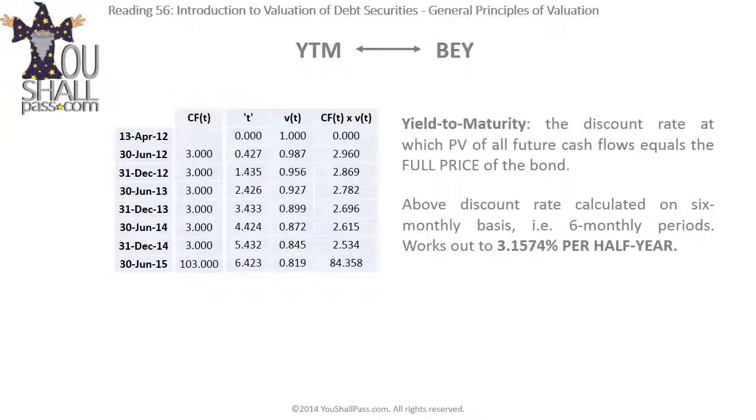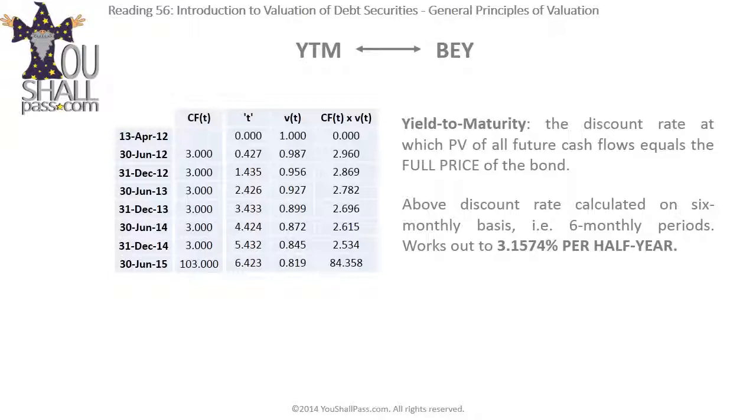The idea is that you calculate the YTMs on a 6 monthly basis and then simply double them for annualization. To clarify further, you do your present value calculations on a 6 monthly basis. The interest rate that you use is a 6 monthly interest rate. The discount factors that are used to discount the cash flows are derived using a 6 monthly time horizon.